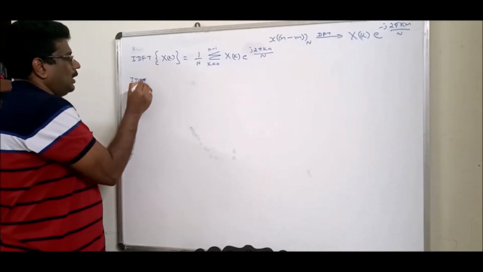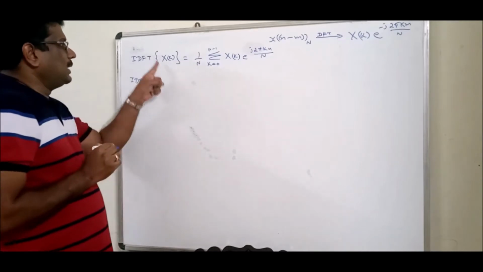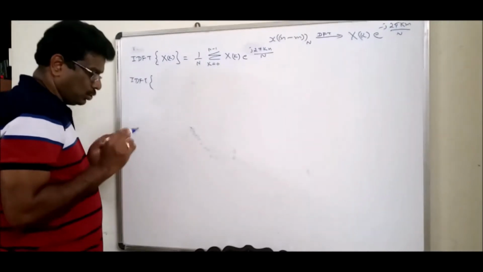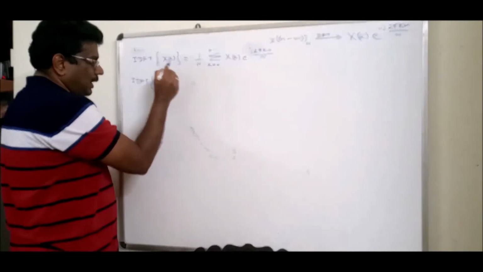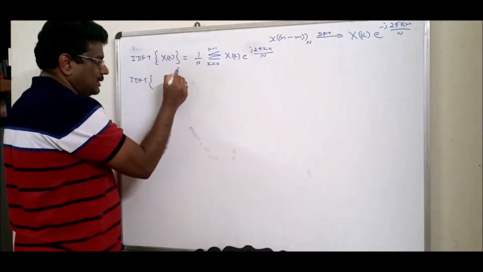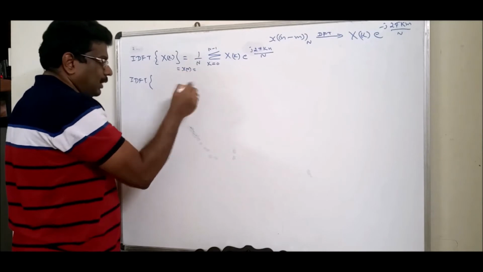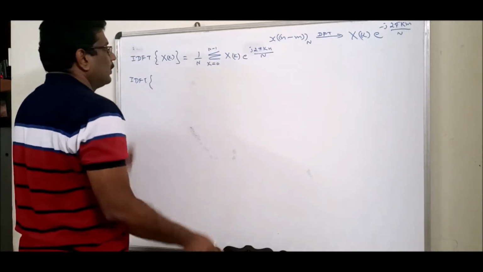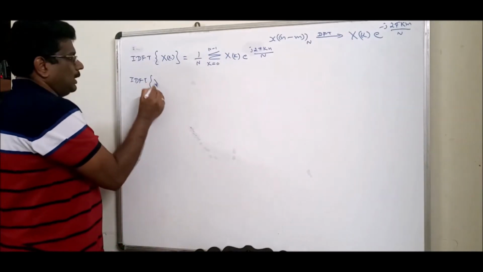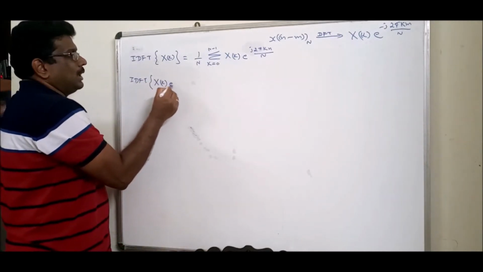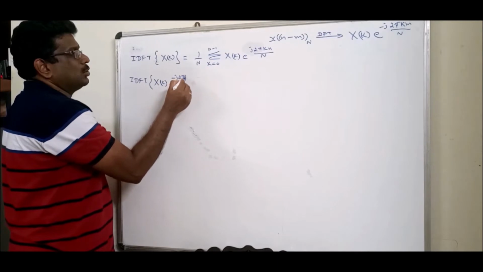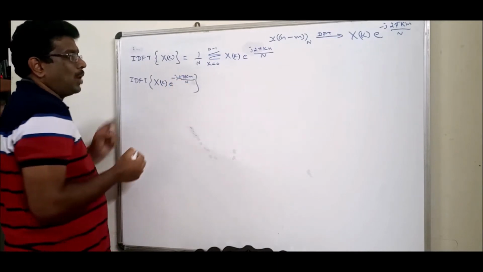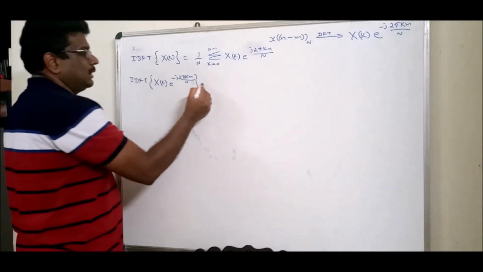Now if it is X of k, then here also X of k. You should know, don't get confused here. IDFT of X of k is x of n equal to this value. Please remember. Now X of k e power minus j 2 pi km by n, what should be its IDFT?